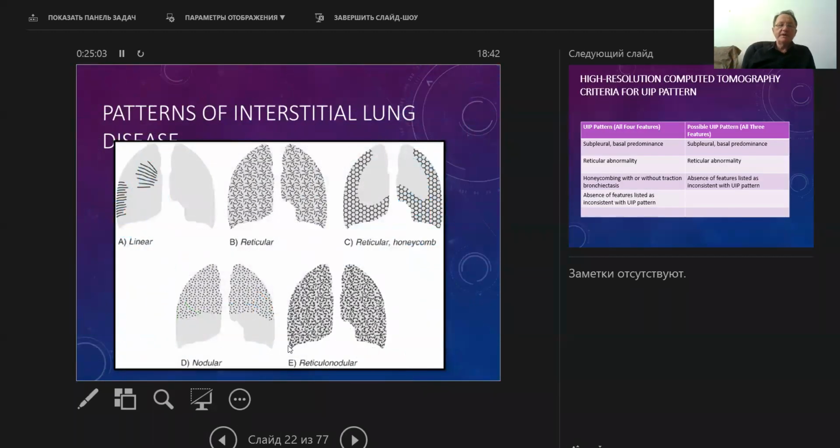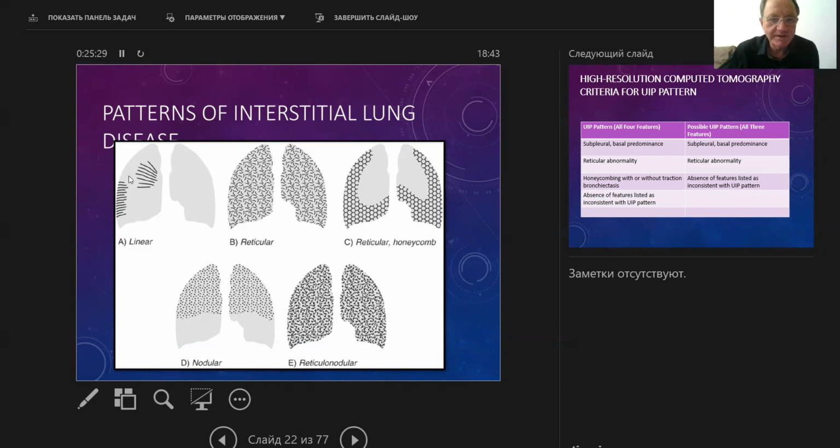And I would like to revise your knowledge of the radiographic patterns of interstitial lung disease. Changes in the lung interstitium lead to different types of opacity.